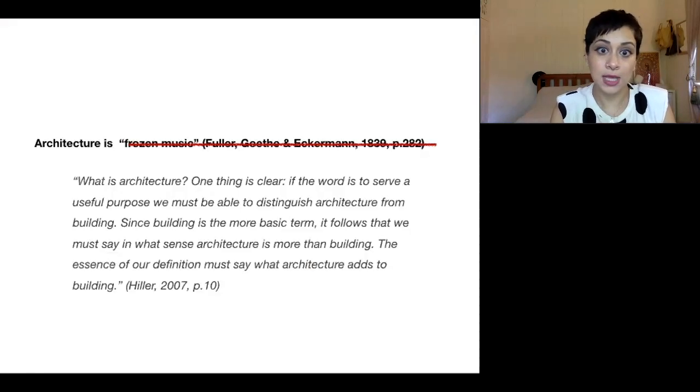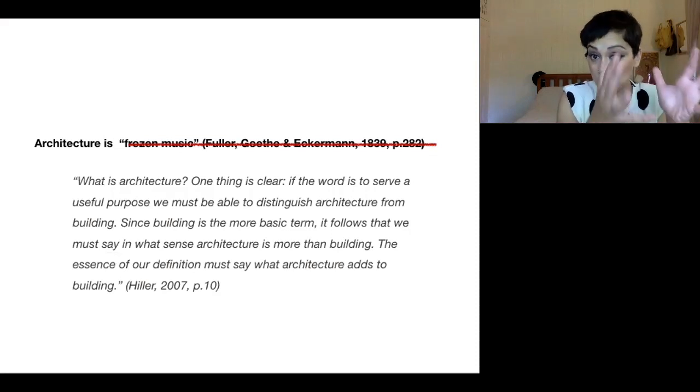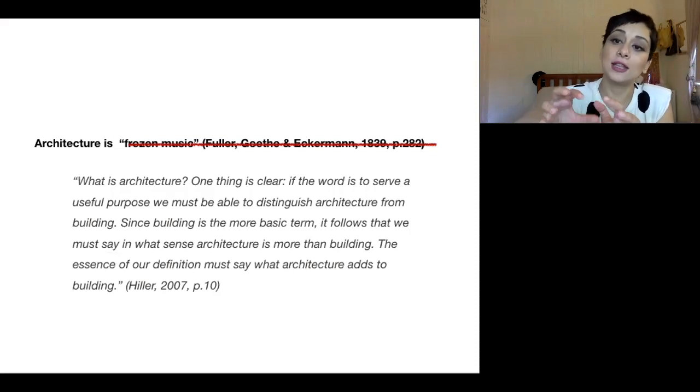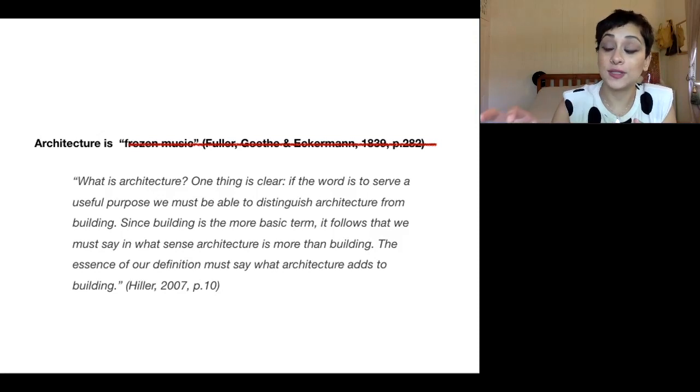And in particular, I adopted the Hillier and Hanson definition of architecture that draws a distinction between the building as surfaces and volumes and the uses of the surfaces it hosts. Meaning, the order of those empty spaces within a building, that's what makes architecture into something called space syntax.